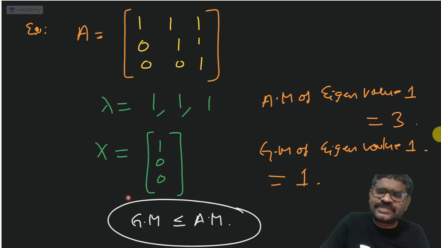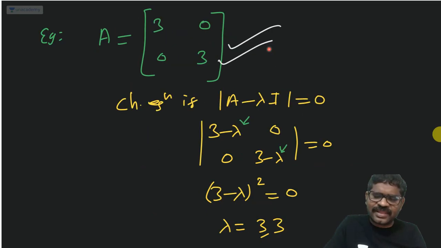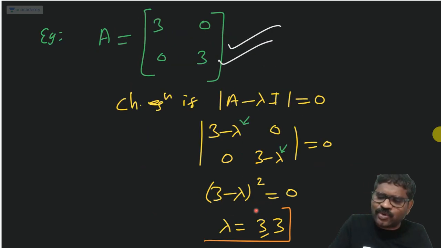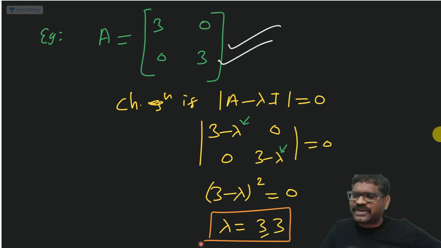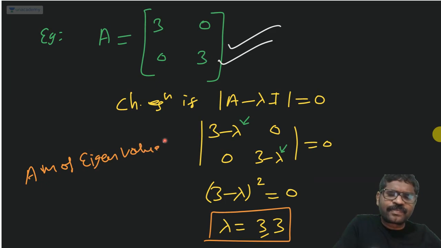Observe this example. Which one? The second example. Here, in this problem, eigenvalue 3 is repeated 2 times. Here, what is the algebraic multiplicity of eigenvalue 3? 2, na?